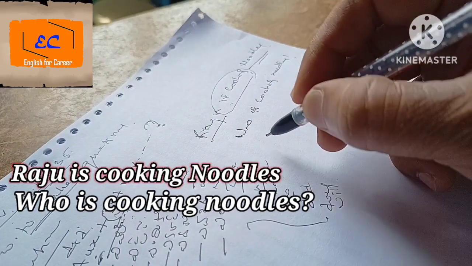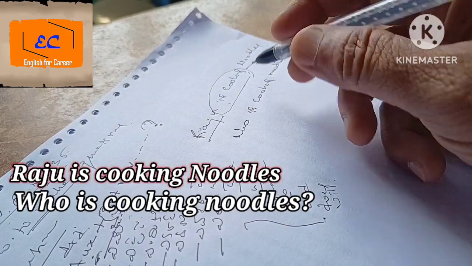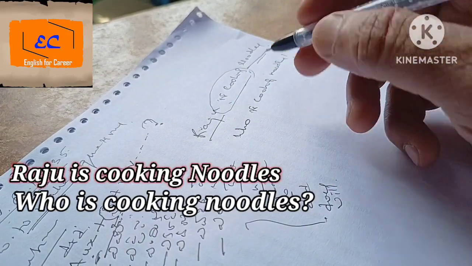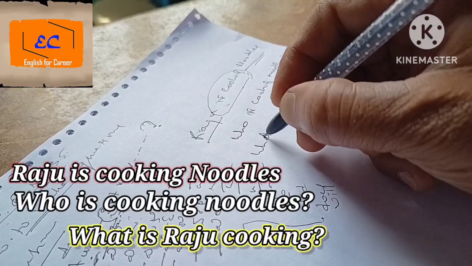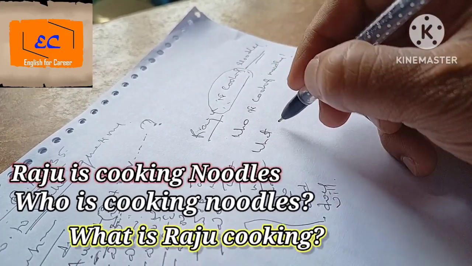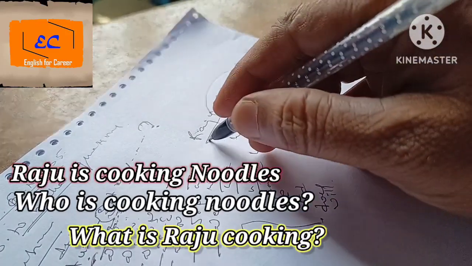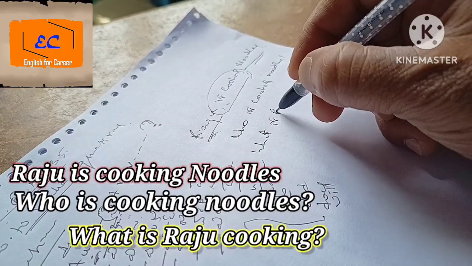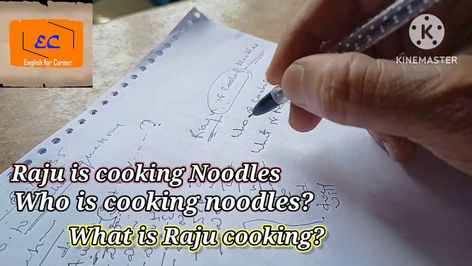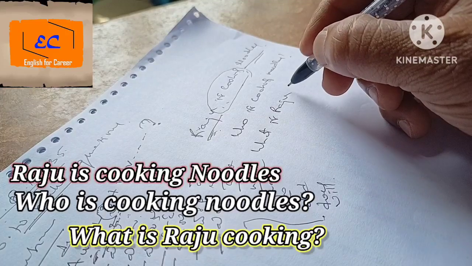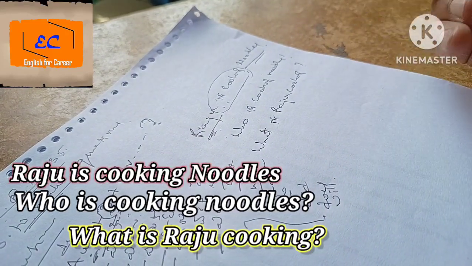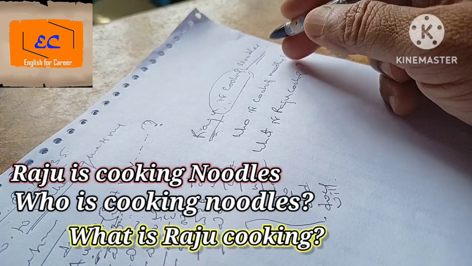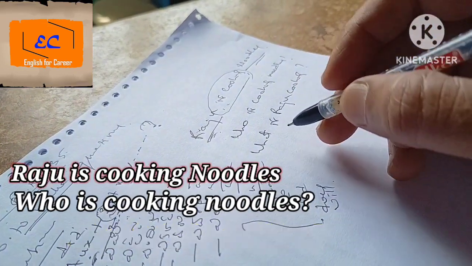So what means Yemi. What is the auxiliary, is, then subject Raju. What is Raju? Verb cooking. What is Raju cooking? That's it. So the answer is noodles.